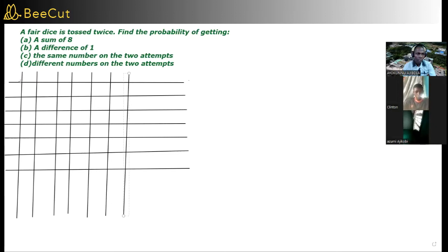Now here, I'm going to be putting up all the entries, all the sample spaces. So for the first die or for the first attempt, I have 1, 2, 3, 4, 5, and 6. I don't have beyond 6.